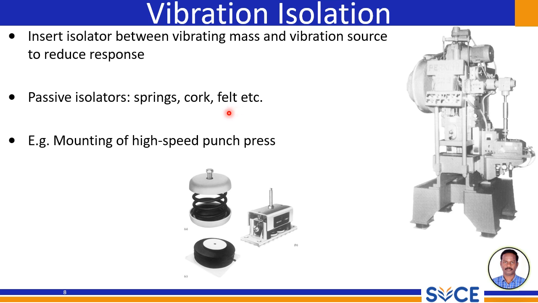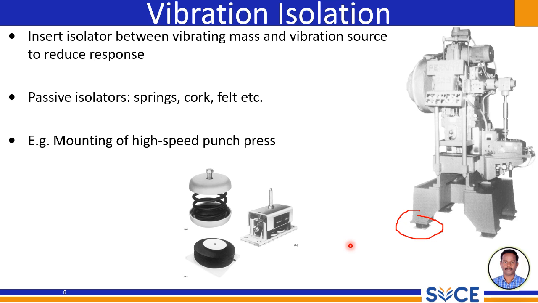For example, mounting of a high speed punching press. Here it is given in this diagram. A punching press like the one shown in this figure generates significant vibrations. By mounting it on isolators, here you can see the isolators, we can prevent the vibrations from being transmitted to the surrounding structures, protecting the building and nearby equipment.